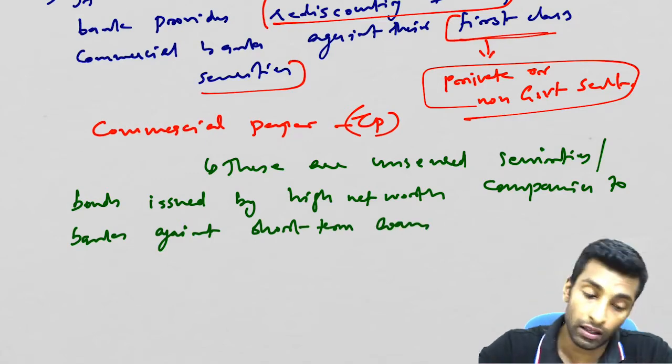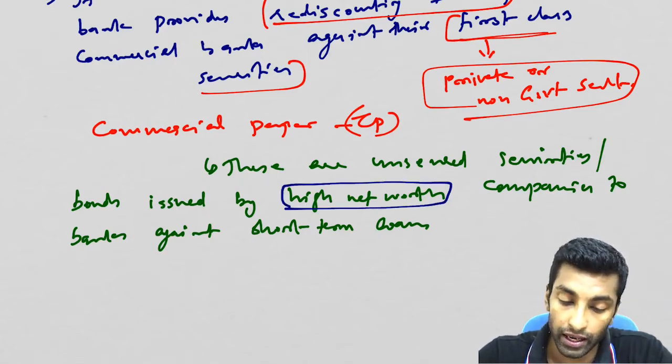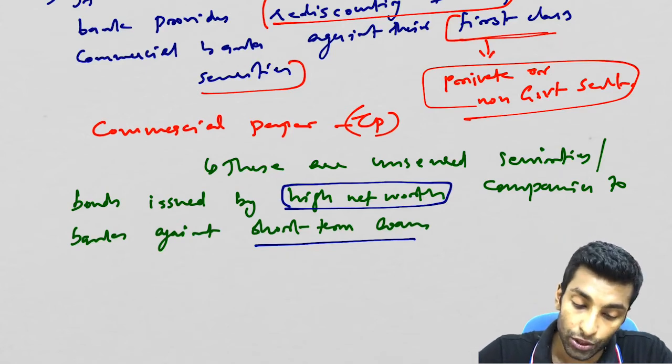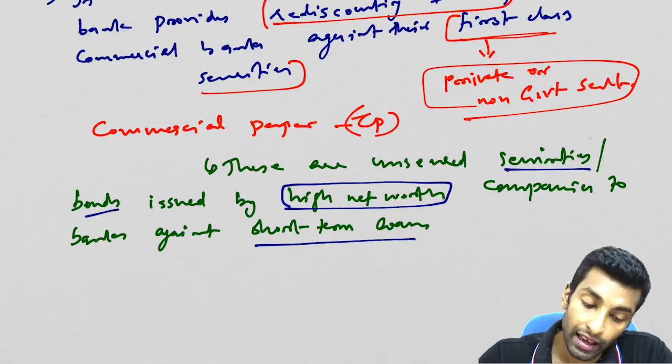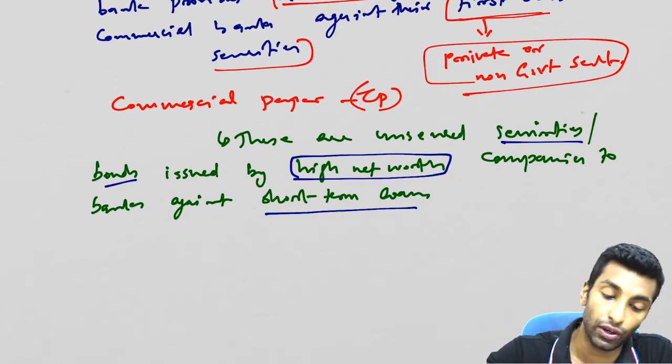So when high net worth private companies, there's a keyword, high net worth companies, need short-term working capital, for these short-term loans they issue bonds or securities and banks will buy that. That is what commercial paper is, and this is what we call discount.